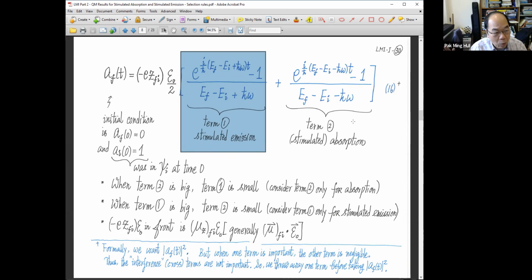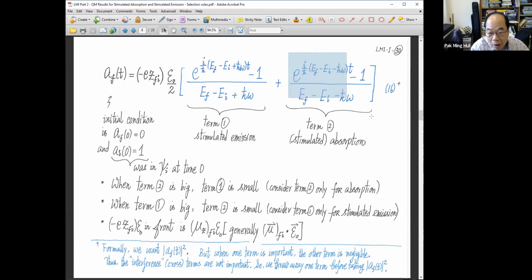We will work on this term one by one. That is to say, we don't worry about interference term. We need not, basically, okay? So this is another argument after the integral one. So the next step, we will focus on this term and then work through the absorption probability.